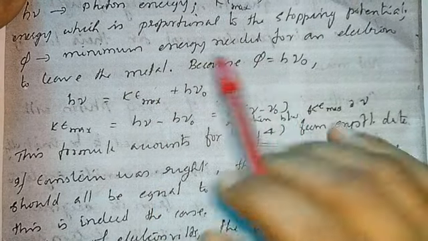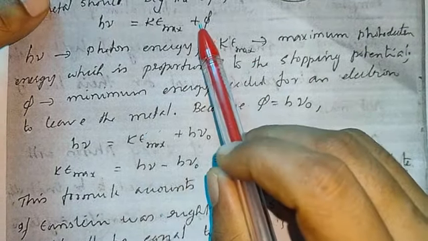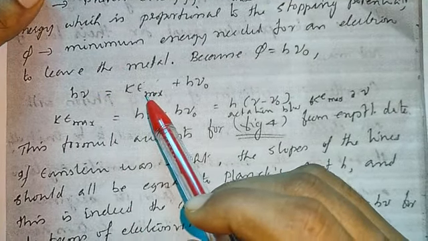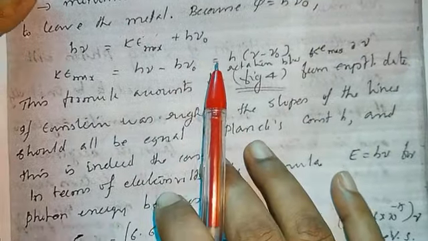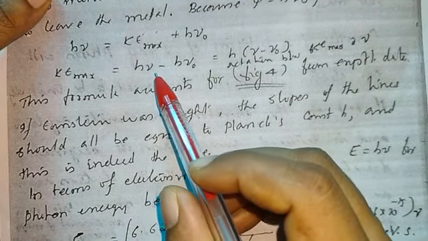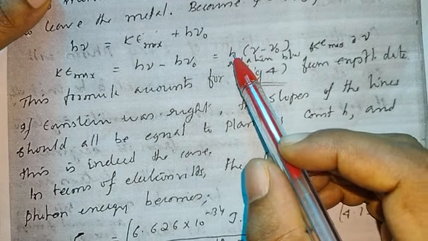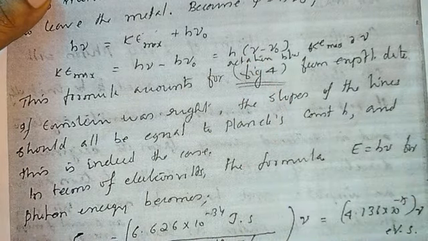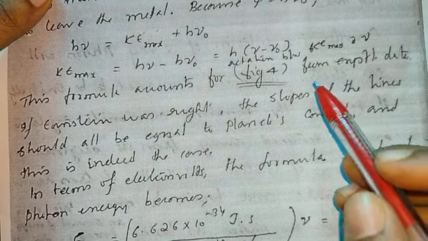Since phi is equal to h nu zero, we can substitute this expression for phi. So the expression becomes h nu is equal to kinetic energy maximum plus h nu zero. Kinetic energy maximum can then be written as h nu minus h nu zero, or h times nu minus nu zero.